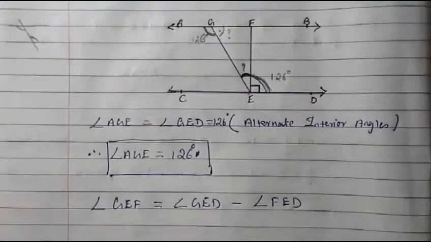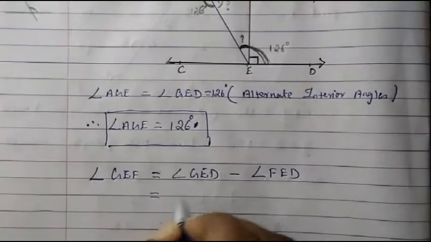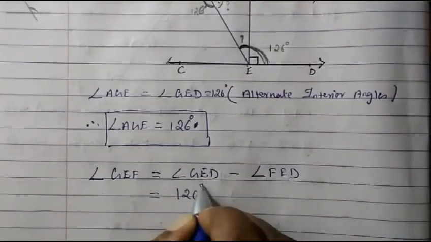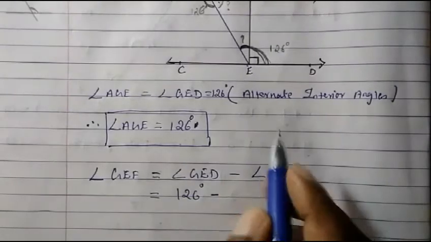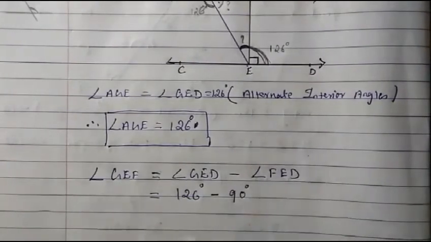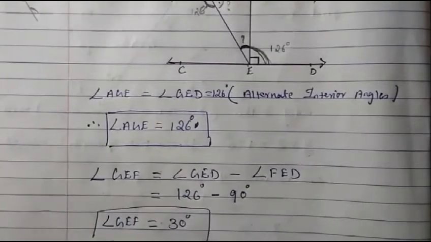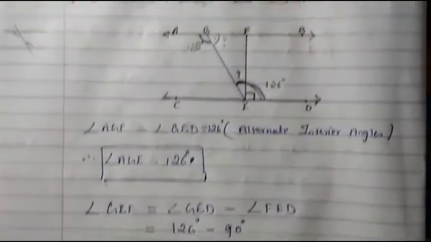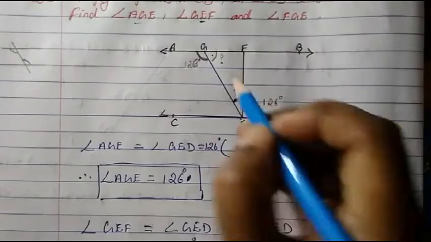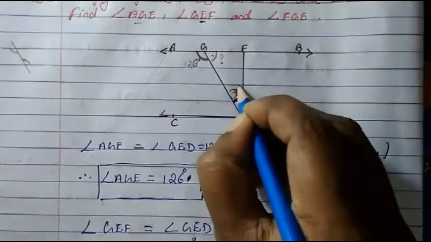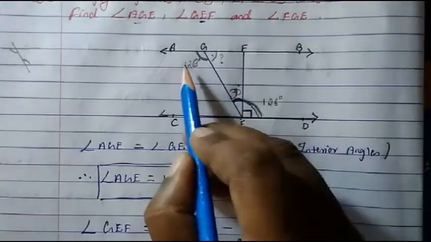GED is 126 degrees, FED is given to us as 90 degrees. So how much will we get? We will get 30 degrees. So angle GEF is 30. We found out this, so this will be 30.